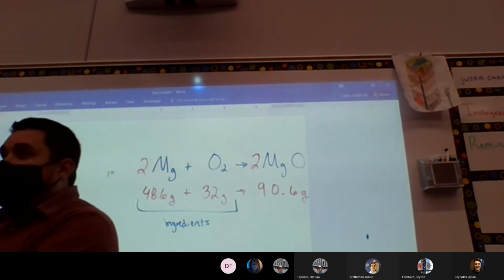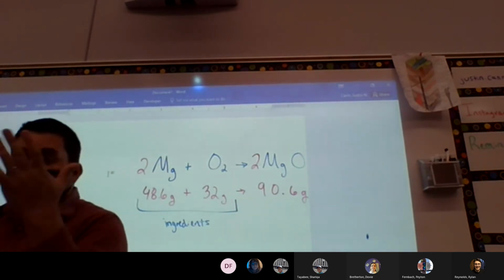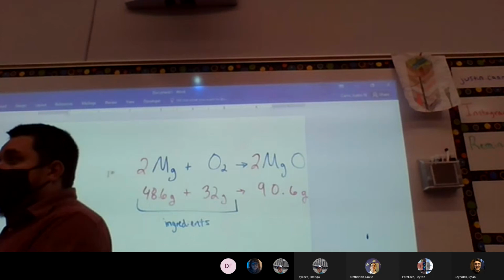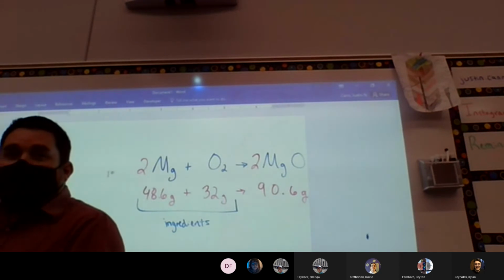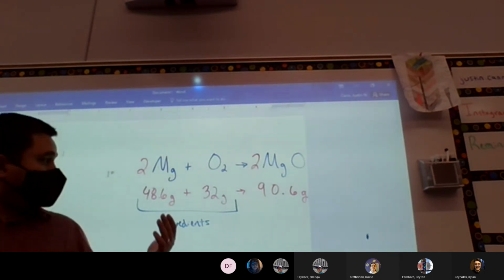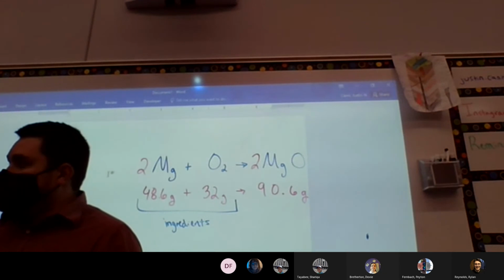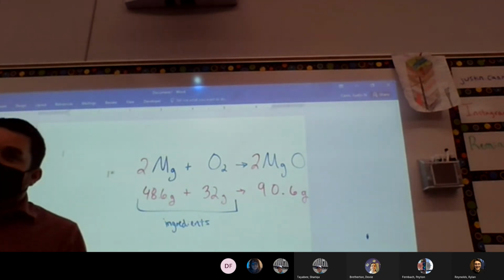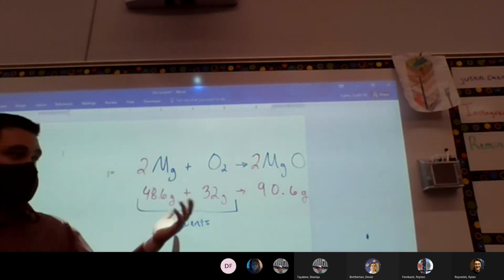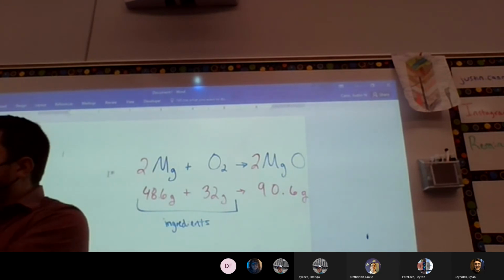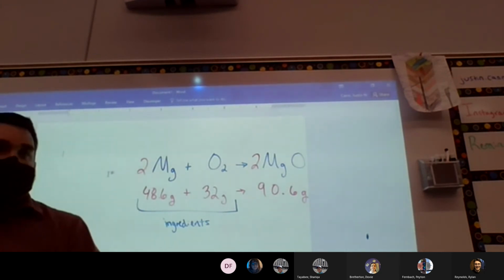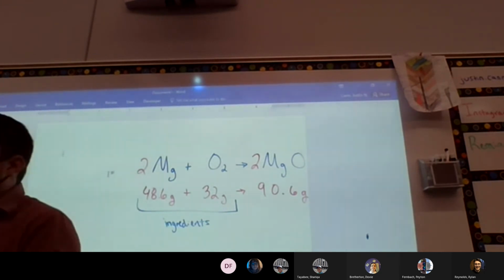I need to go and weigh out 48.6 grams of magnesium, react it with 32 grams of oxygen, and then I will get a product. And we can actually test that, and we actually do the lab itself. We can do the lab itself and actually measure, did we do a good job with that reaction?